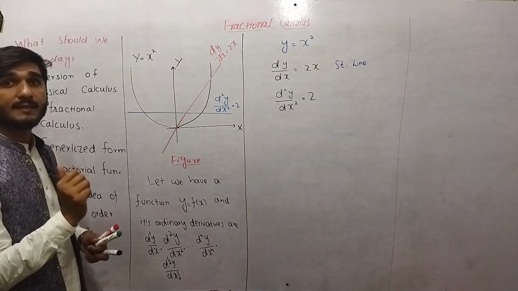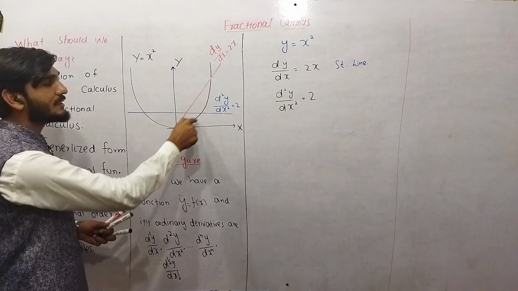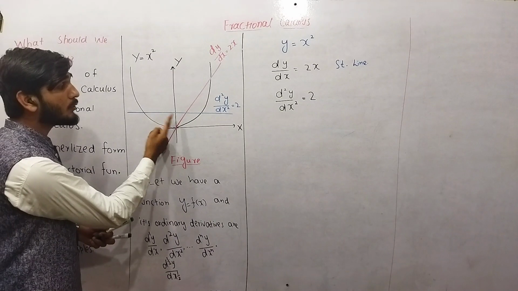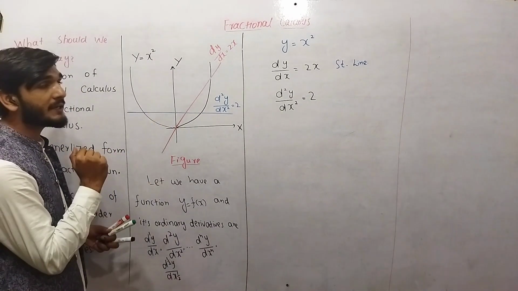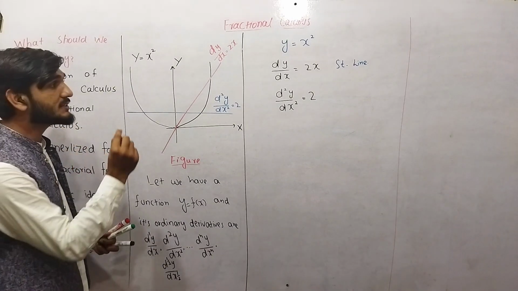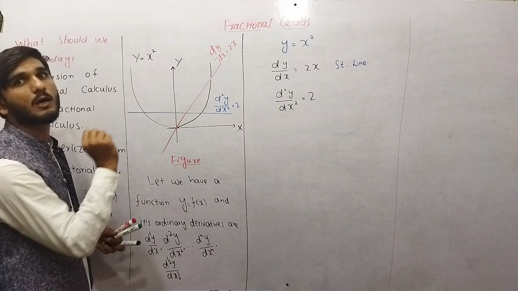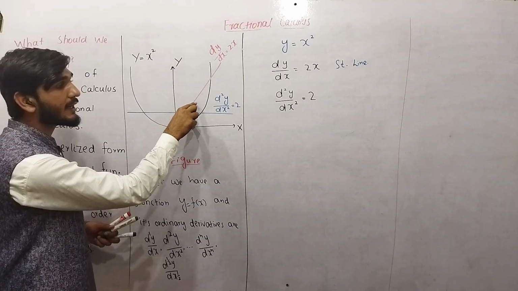The question that arises here is how a curve, which is a parabola, turns into a straight line directly. Leibniz was the first mathematician who gave the idea and thought about how this parabola is transferred to a straight line.